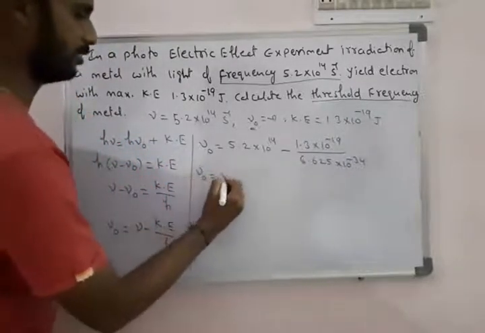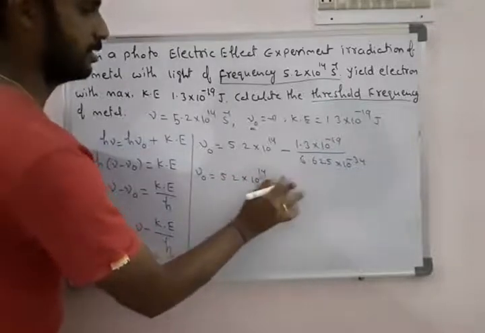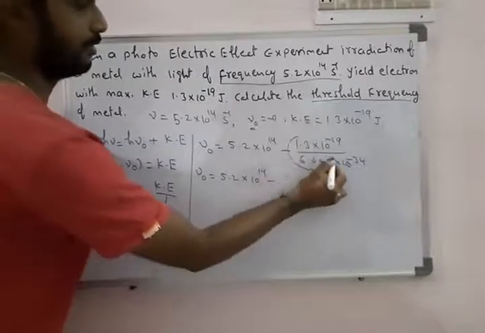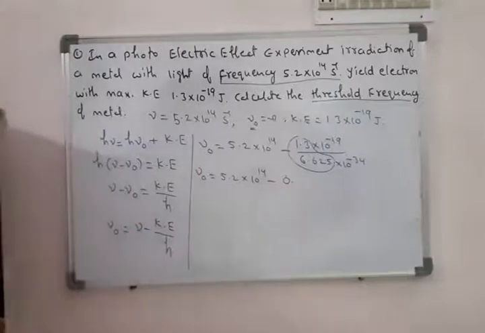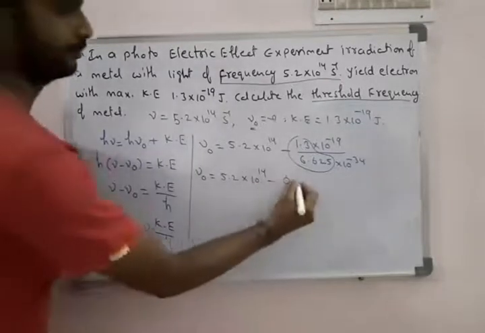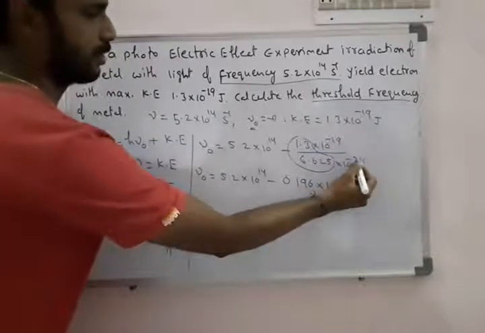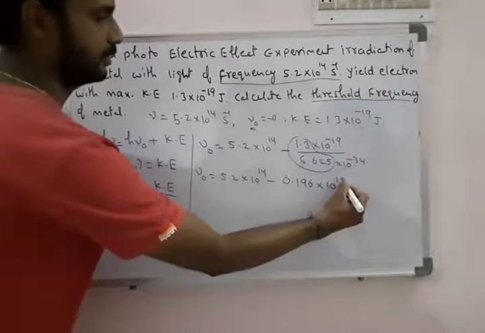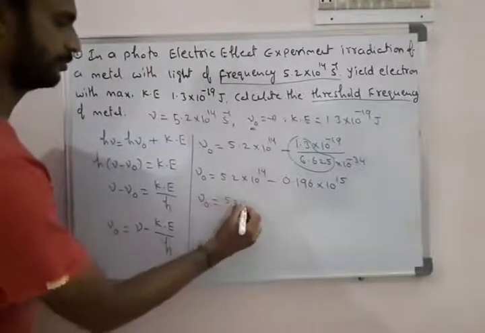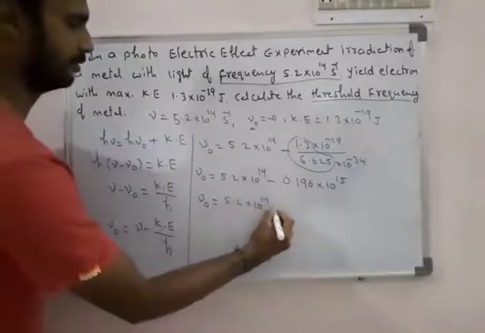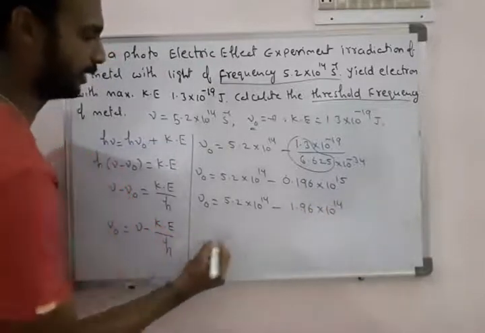And here we get the same 5.2 × 10^14 minus 1.3 by 6.625. Here approximately we get 0.196 × 10^15, so make it 1.96 × 10^14.